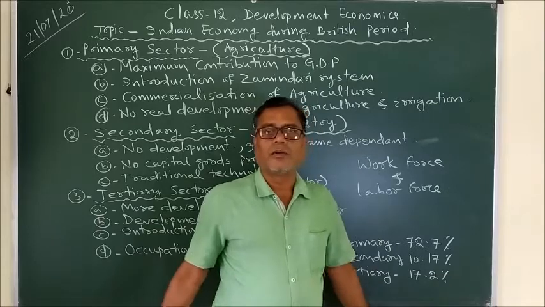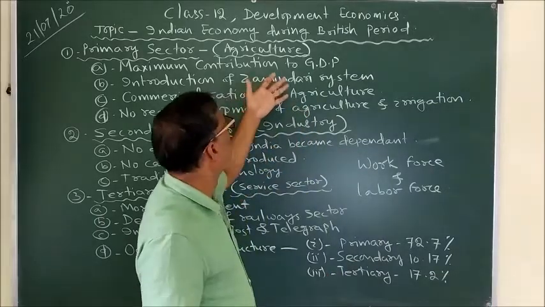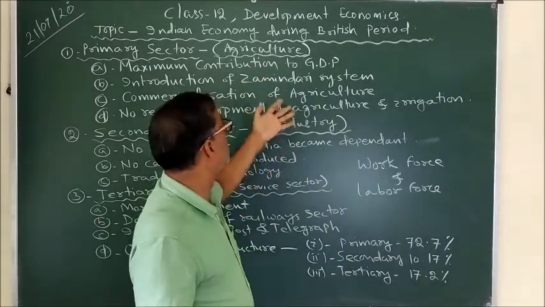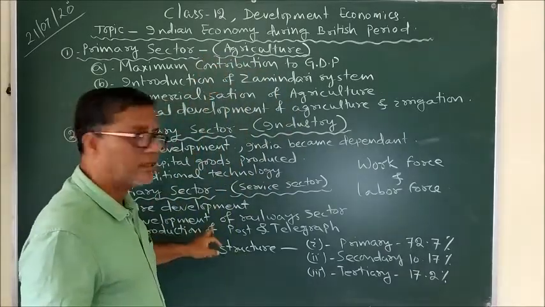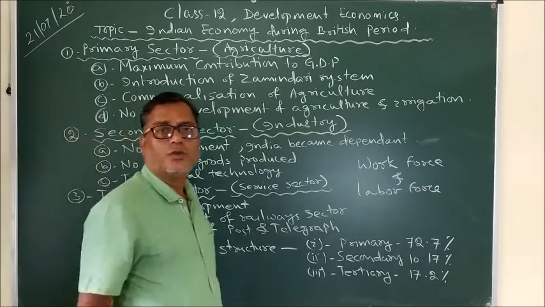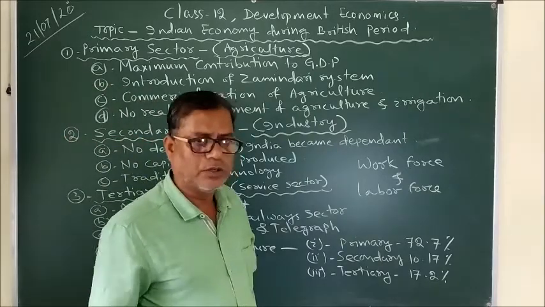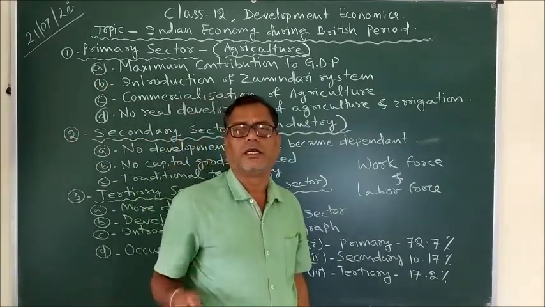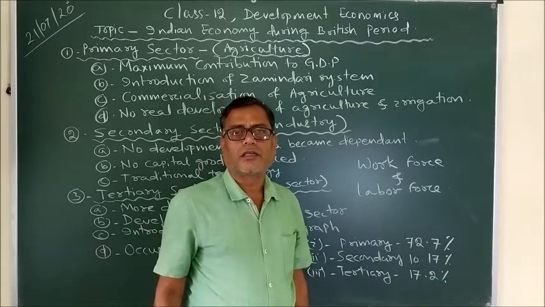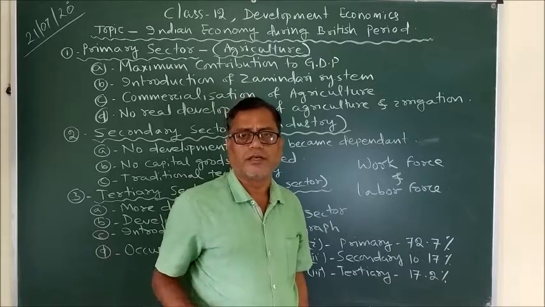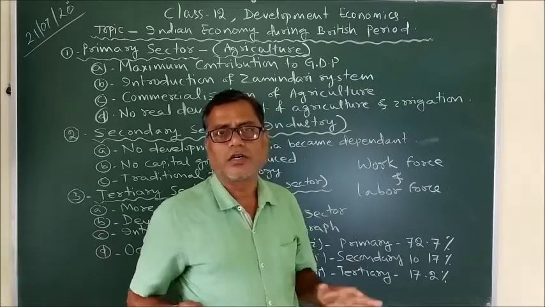So this is all about the condition of the Indian economy during the British period, the condition of primary, secondary and tertiary sector. And today we will be discussing what was the condition of the Indian economy after the British period. You all know that on 15th August 1947, we got our freedom.